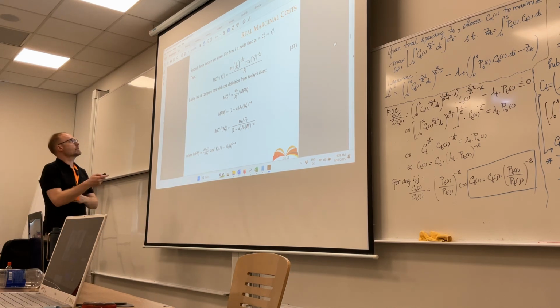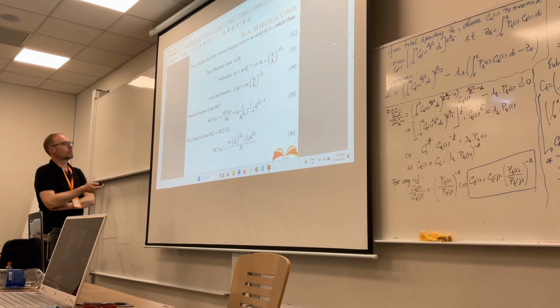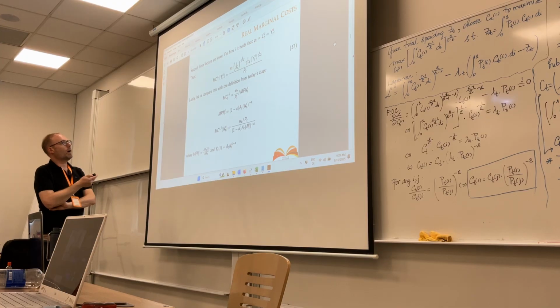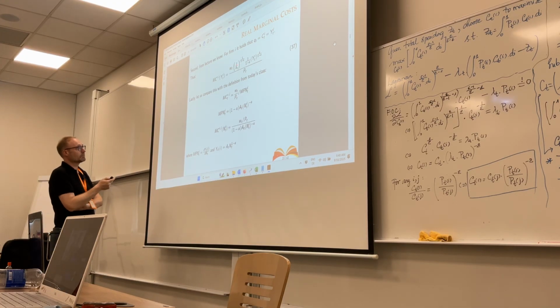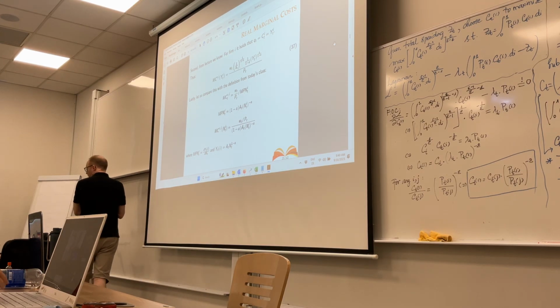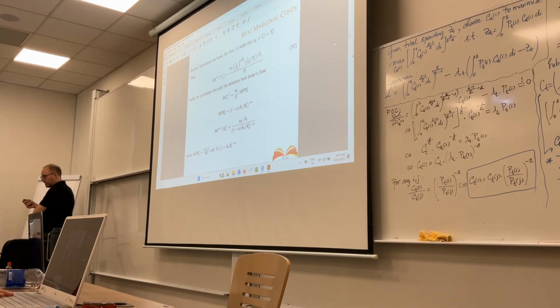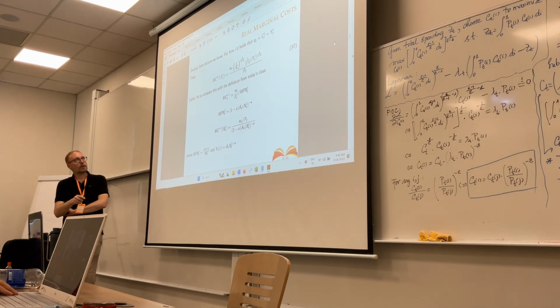So let's replace this Q with Y_t(i). That's the demand for our good with firm i. And we get our nominal marginal cost as the expression we have here. And when you rearrange this, you see, wait a second, I see the real wage already inside there.